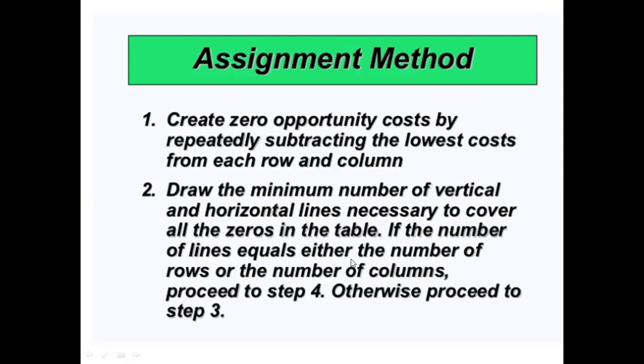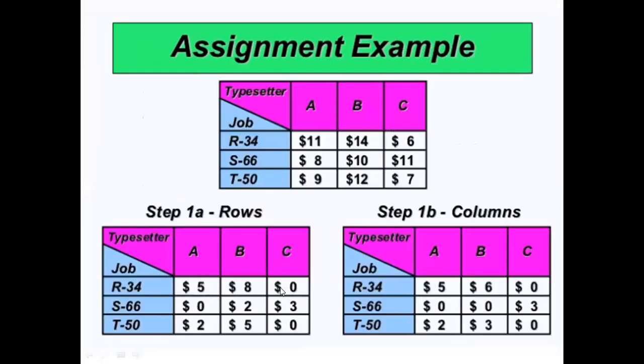But if it is not equal to either the number of rows or the number of columns, we must go to step 3. So you see here we have four zeros in this table, and we will try to make lines. We can make lines, for example, from 5 to 0, one line.